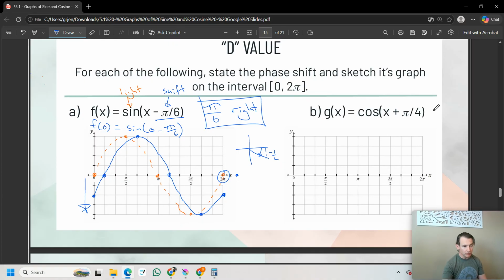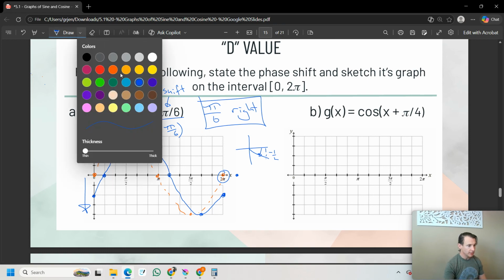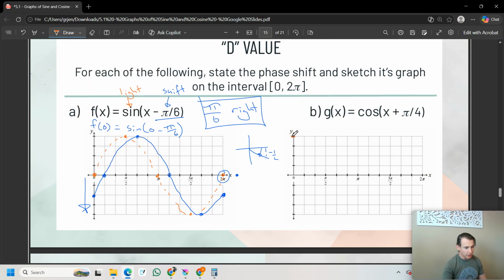Okay, cosine of x plus pi by 4, again, exact same strategy. Sketch, it starts in summer, goes through fall, winter, fall, summer, sorry, spring, this is spring, I mislabeled it. Okay, and then maybe I do my dotted lines or maybe I don't.